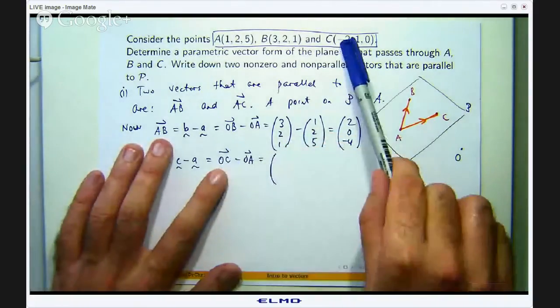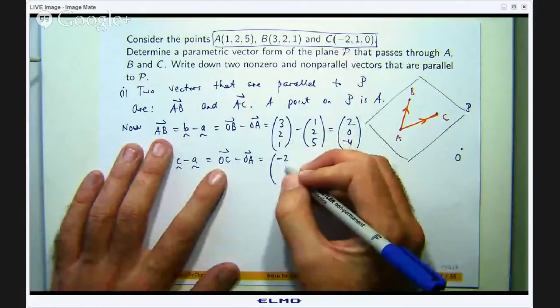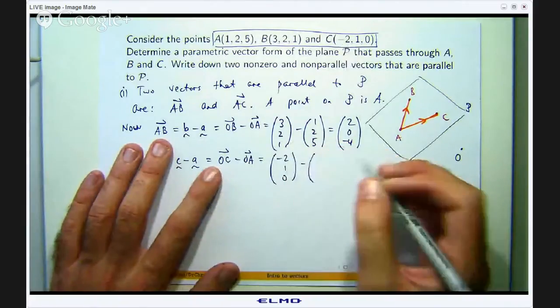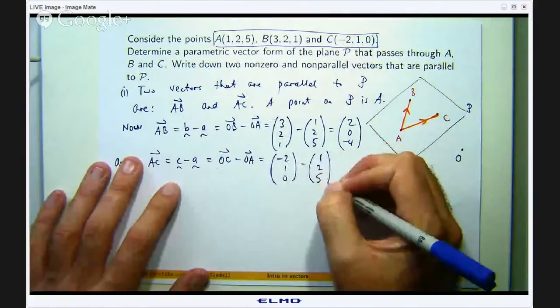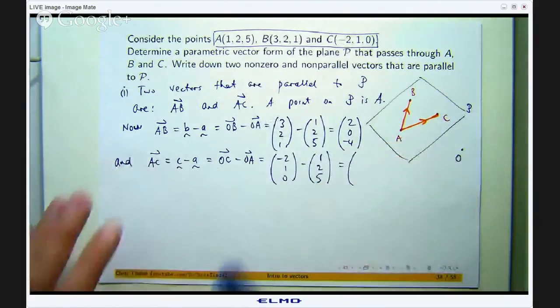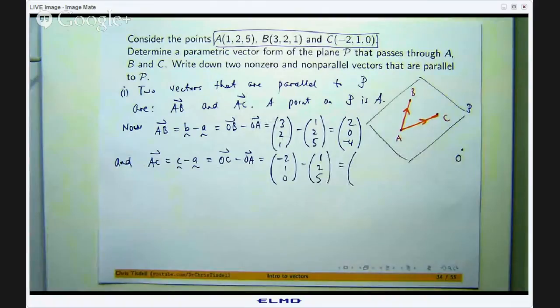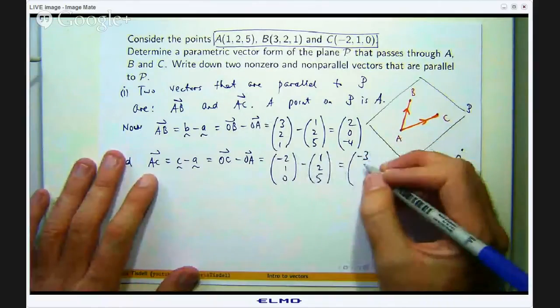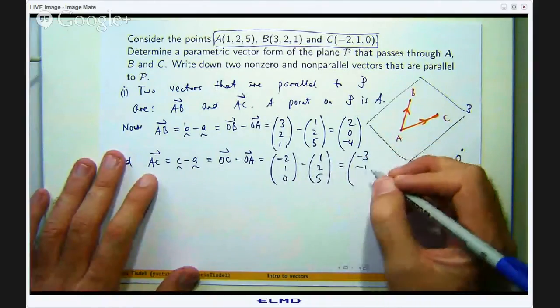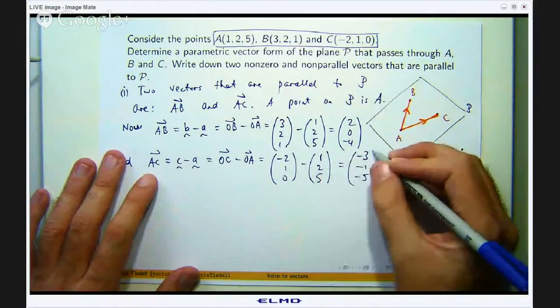OC is just the point C written as a column. OA is just that written as a column. And with two vectors, again, just perform the operations in a component-wise fashion. So -2 minus 1, -3; 1 minus 2, -1; 0 minus 5, -5.